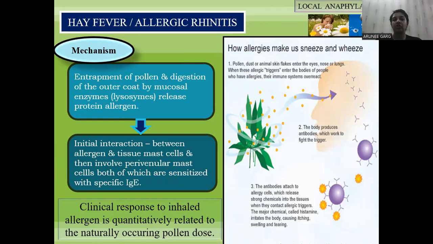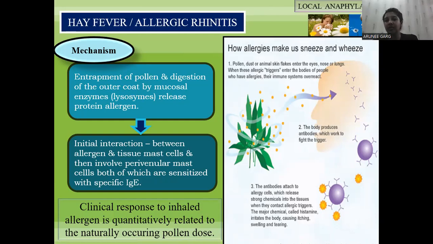Initial interaction occurs between the allergen and the tissue mast cells and then involves the perivenular mast cells, both of which are sensitized with specific IgE. The clinical response to inhaled allergen is quantitatively related to the naturally occurring pollen dose.